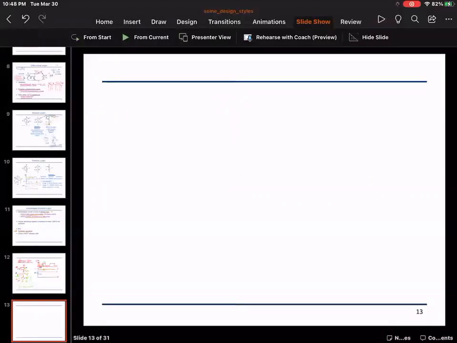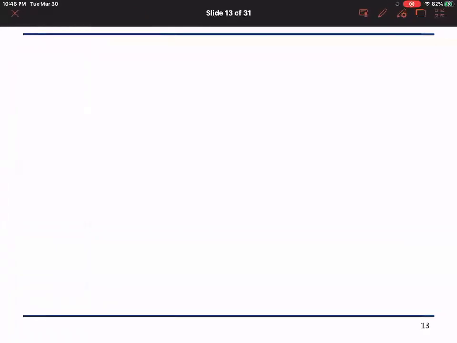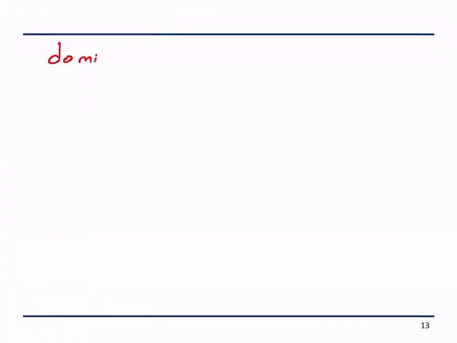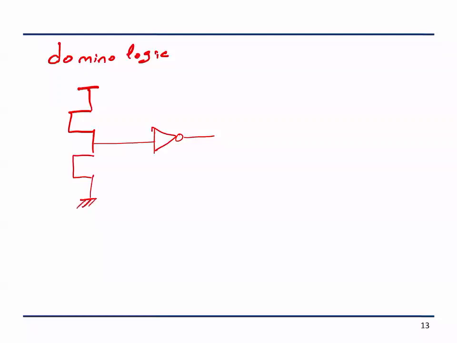Now a better or improved form is known as the domino logic. By domino we mean that there is an effect that moves across the stages, and we do this by introducing an inverter at the output of every stage.